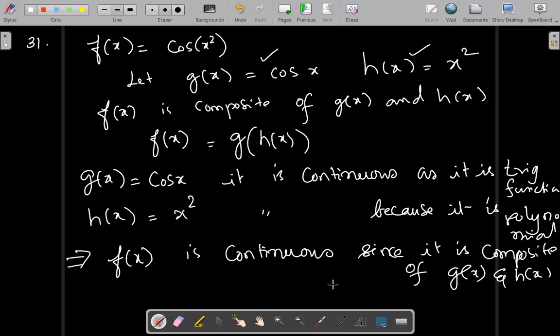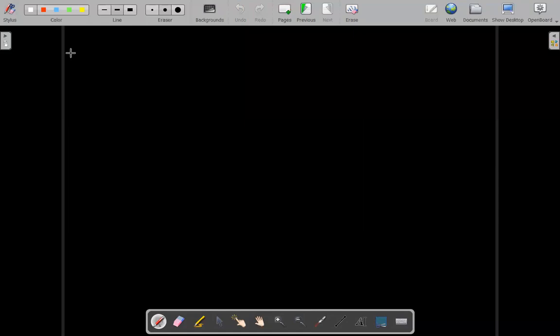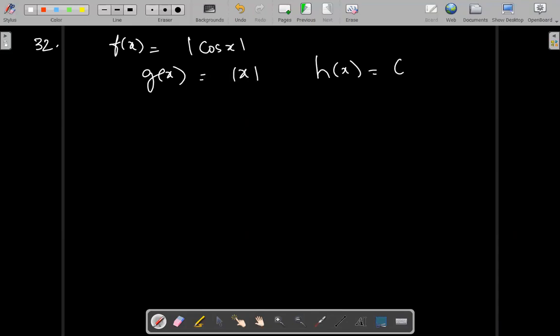32. Next question. 32. Show that the function defined by f of x is equal to mod cos x is a continuous function. Very, very similar. So we'll say g of x equal to mod x, h of x equal to cos x.